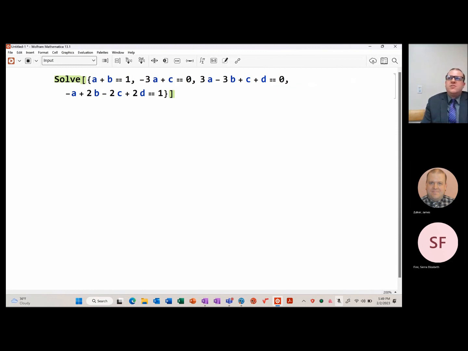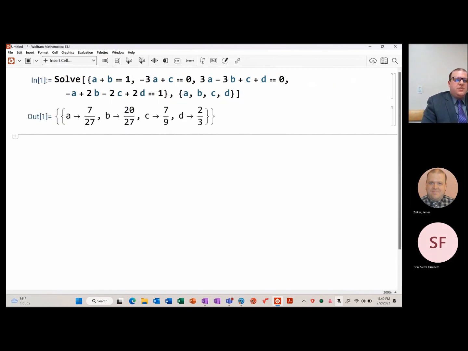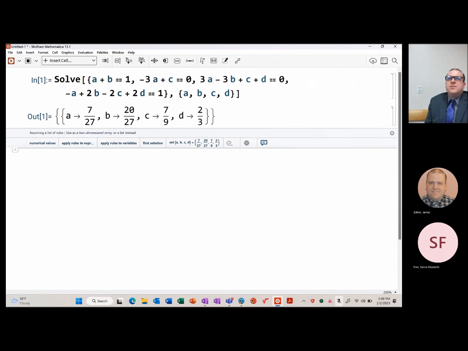There's our 4 equations. Now you have to let it know, what are we solving with respect to? So put in braces the 4 variables. Shift, enter, and there is the solution to the system.